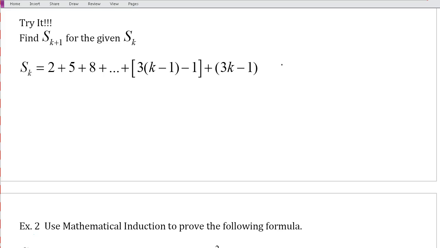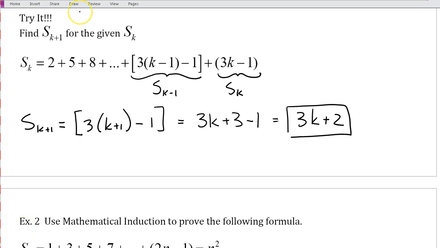Alright, so a couple of things to notice. First of all, these last two terms in the series, this is s sub k minus 1, and then this would be s sub k. And what we're trying to find is this next term here. This next term here is going to be s sub k plus 1.